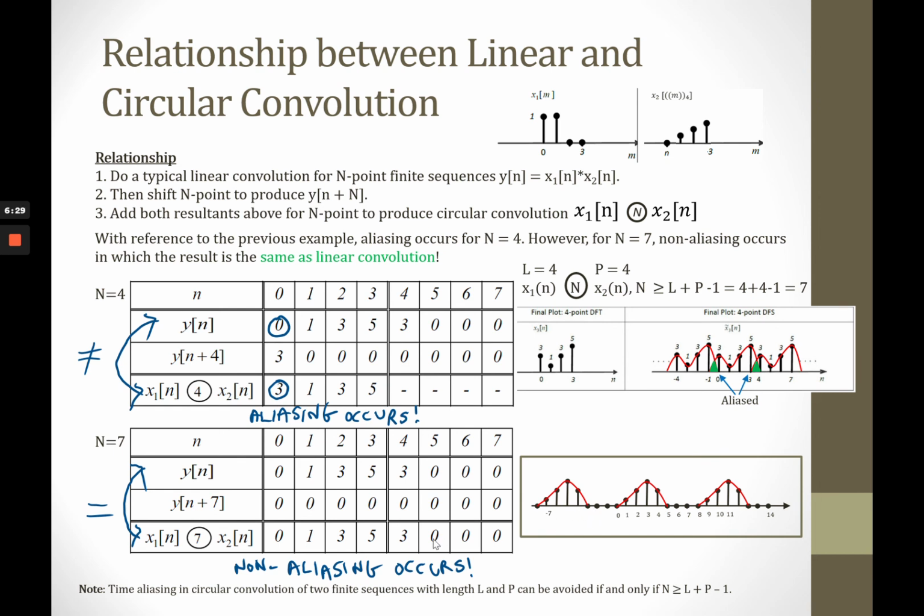So we have a space in between, and no aliasing occurs. Therefore, time aliasing in circular convolution can be avoided if we choose the value of N for the circular convolution points such that N is equal to or larger than L, the length of the first signal, plus P, the length of the second signal, minus 1.